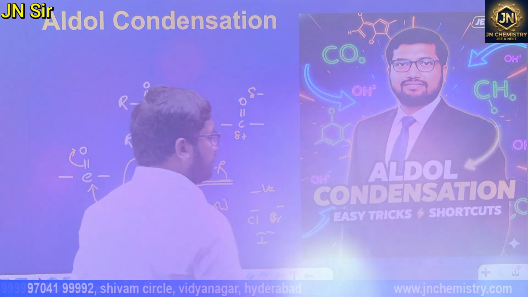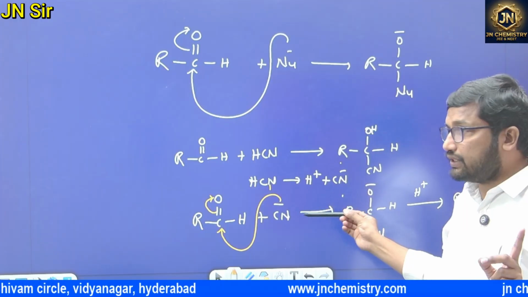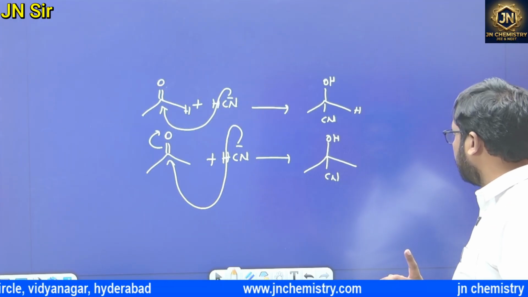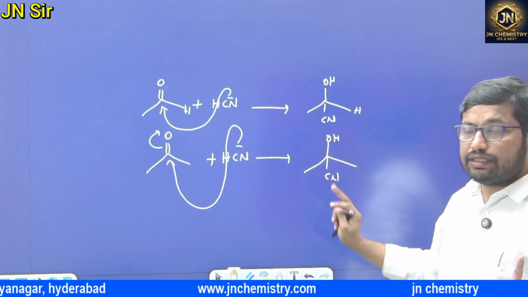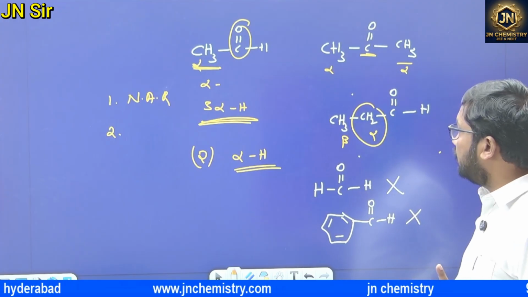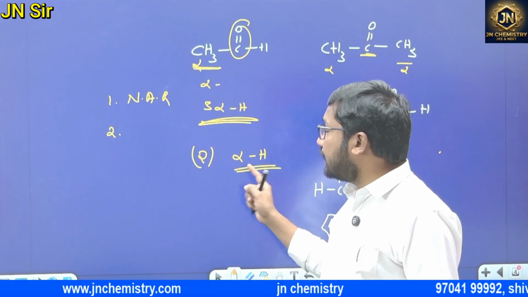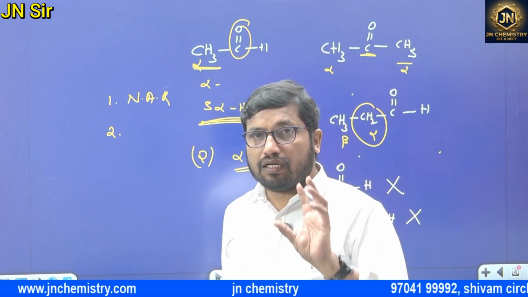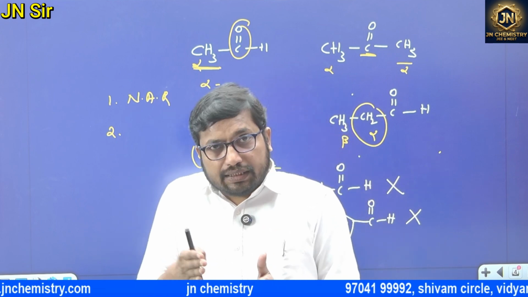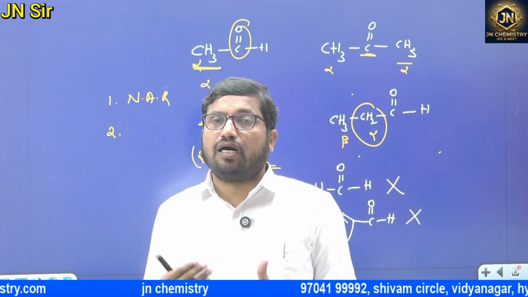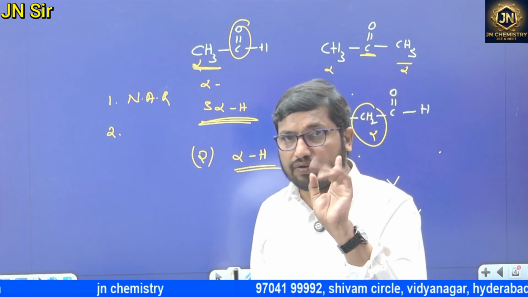And second, the nucleophilic addition reaction, which I explained, how it takes place. Condition number 1, first the nucleophilic addition; second, we need to identify the alpha hydrogen. The carbon adjacent to C double bond O is called alpha. At least we need to have one alpha hydrogen.